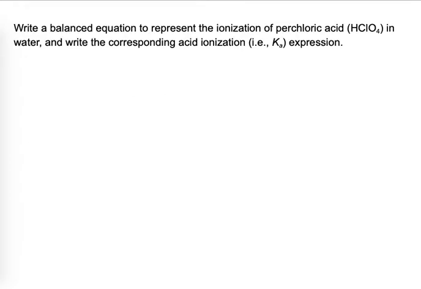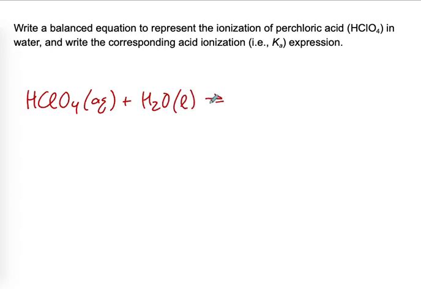So let's write a balanced equation to represent the ionization of perchloric acid and write the corresponding Ka expression. For perchloric acid, I'll write HClO4, reacting with water in equilibrium with the hydronium ion plus the conjugate base, which is simply the acid minus H+, or ClO4-.